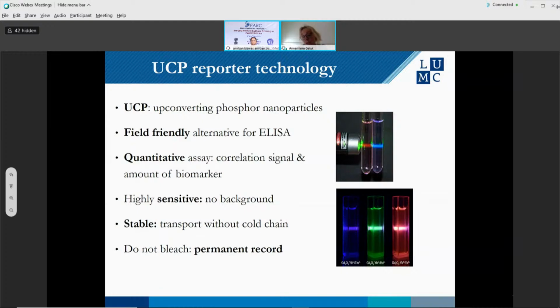Therefore, we can identify those that need treatment, and we can also monitor disease treatments, whether they are efficient. And because we measure not one biomarker but multiple biomarkers, we can use those quantitative results also to differentiate between people that have disease and people that have infection only.